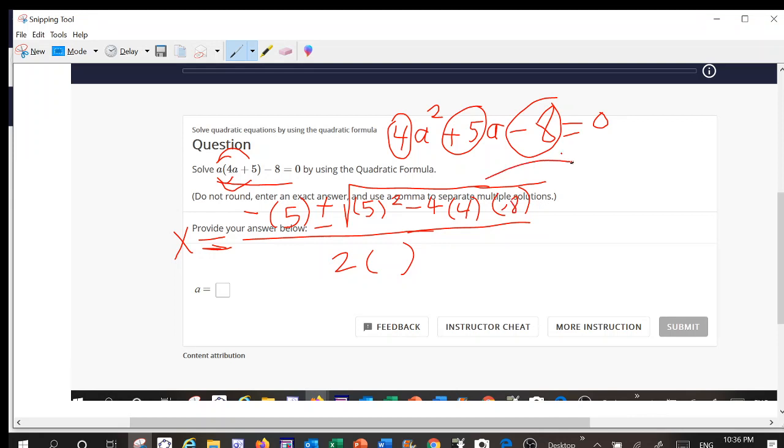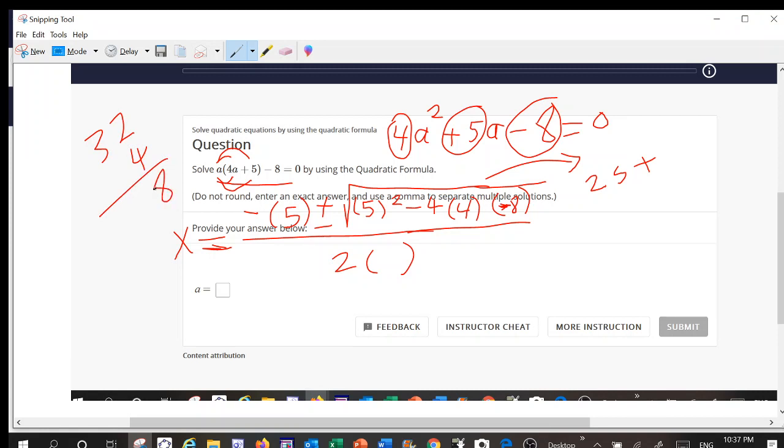So let's simplify inside the radical here. That would be 25, this minus and this minus right here make a plus. So that's plus 4 times 4 is 16. 16 times 8, or 8 times 4 is 32. 4 times 32 plus 4 times 32.